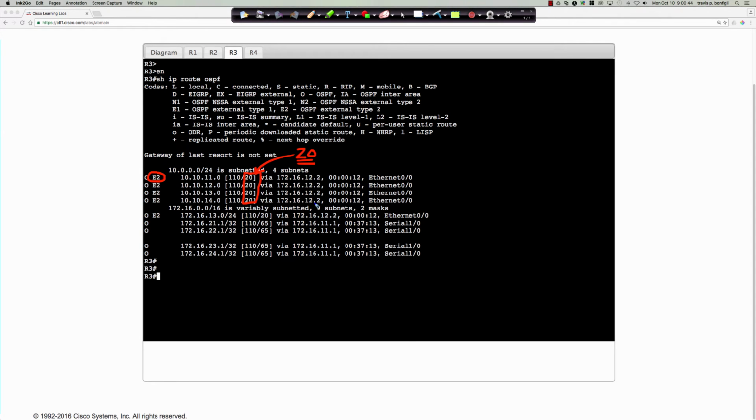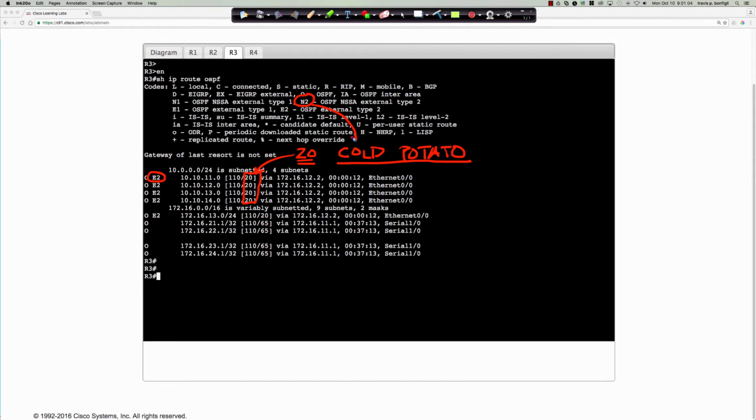Now, that's what we call cold potato routing. And you'll hear these terms all the time. Hot potato, cold potato. E2 and N2, where did my N2s go?